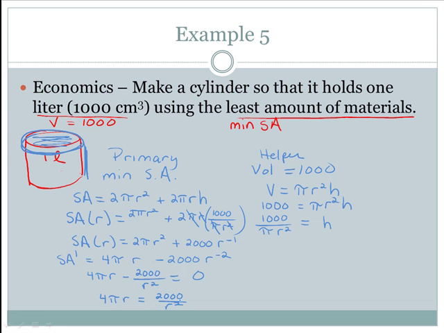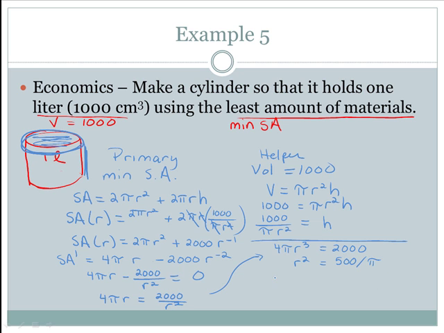And now I have to solve for r. So first I'm going to multiply both sides by r. So I get 4 pi r cubed equals 2000. And then r cubed equals 2000 divided by 4, which is 500 over pi.